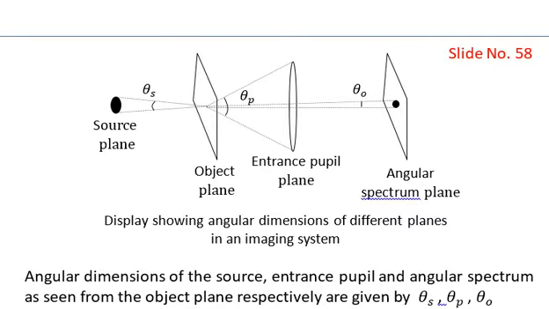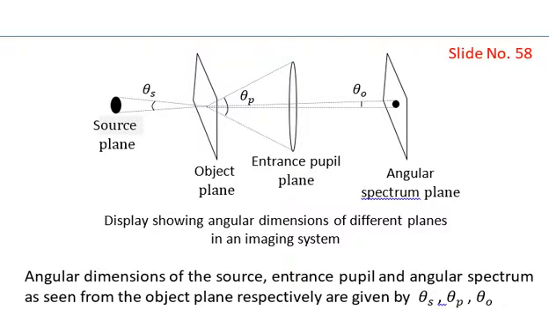And similarly, if you look from the same point on the object at the angular spectrum of the field, then the angular spectrum width will have an angular dimension equal to theta naught. So in this figure, we have the object plane, the source plane, the entrance pupil plane, and the angular spectrum plane, and we are measuring the dimensions of all these planes except the object plane, that is, we are looking from the object plane.